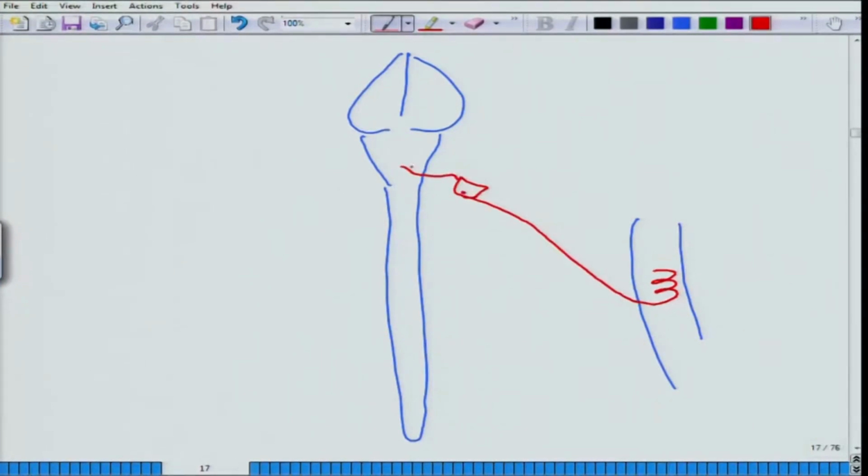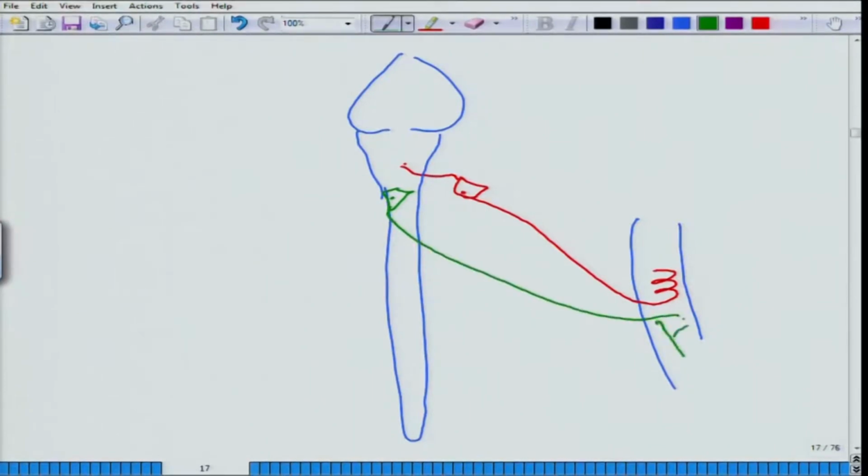Now, if this information has to go all the way to the brain, it will take forever for the brain to decode and come back. By the time, you will get a bad hit. So, nature does not do it like this. Most of this processing takes place at the level of the spinal cord. Most of the stretch or reflex circuits are very small circuits which function at this level.